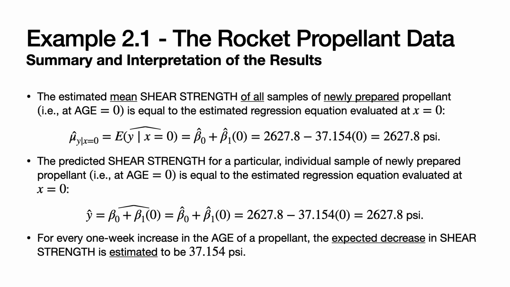That is, as above, beta 0 hat plus beta 1 hat times 0. All right, and that again turns out to be 2627.8 psi. So that is also the predicted shear strength for a particular individual sample of newly prepared propellant.